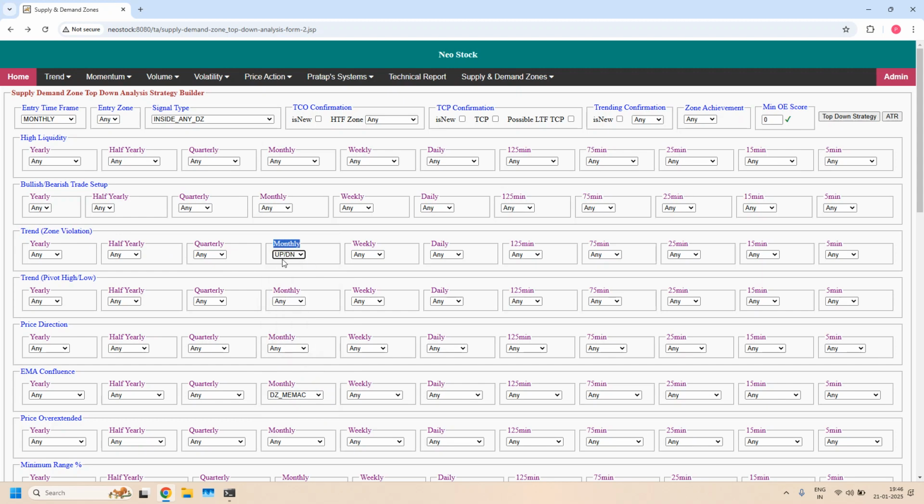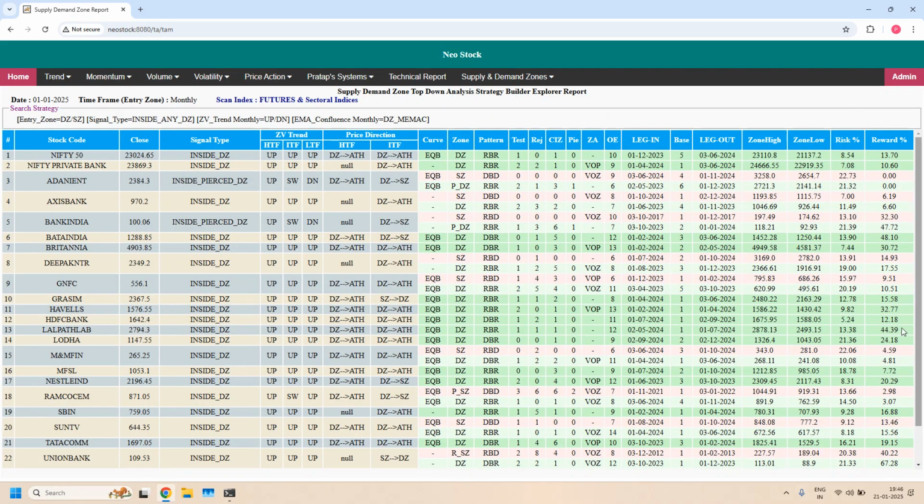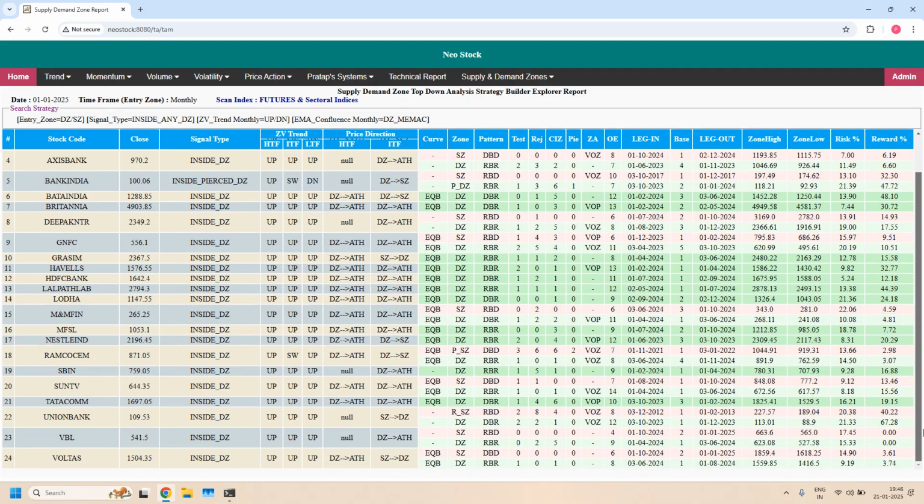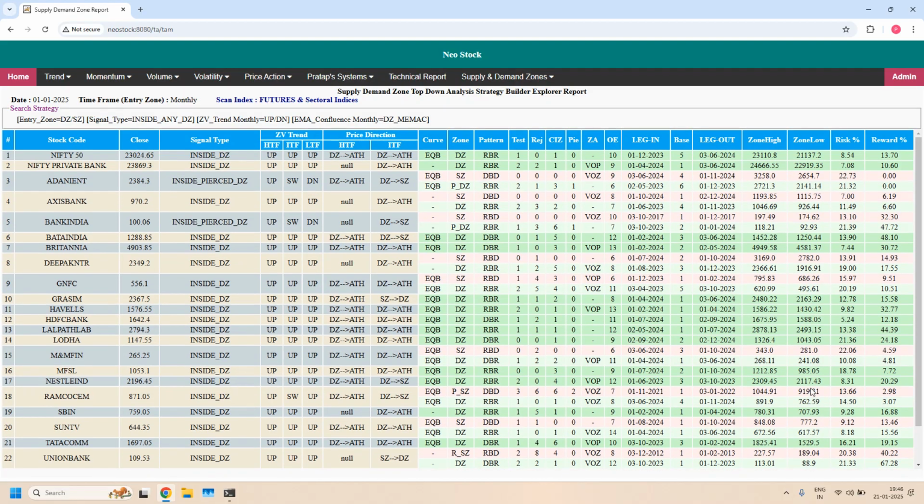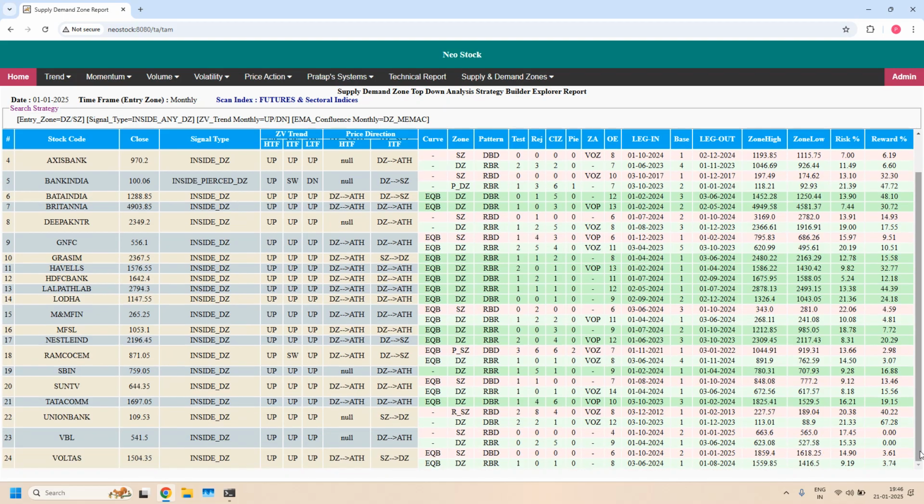It can be up or down when you set EMA Confluence. Now the list has come down to 24 stocks. So first 22 stocks in the list. I am scrolling the list down. So 24 stocks are filtered.